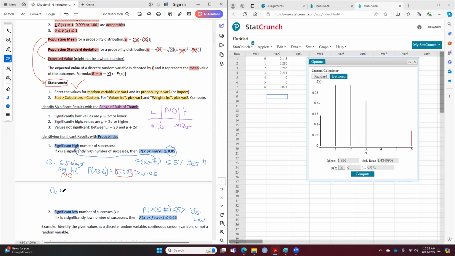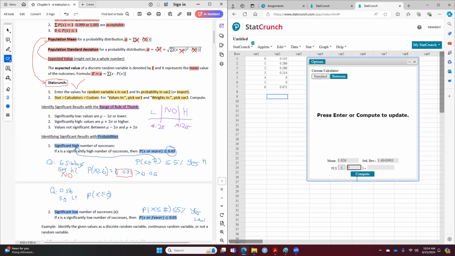So the question is, is having 0 siblings significantly low in this case? To do that, you have to find the probability of X is less than or equal to 0. Again, where does this 0 come from? It comes from the question. The question will tell you what number to use. Now you have to find this probability using less than or equal to 0.